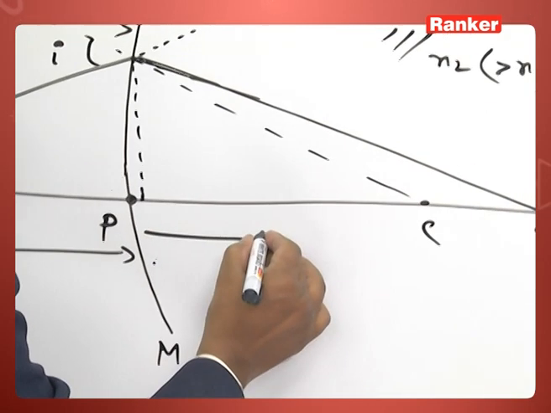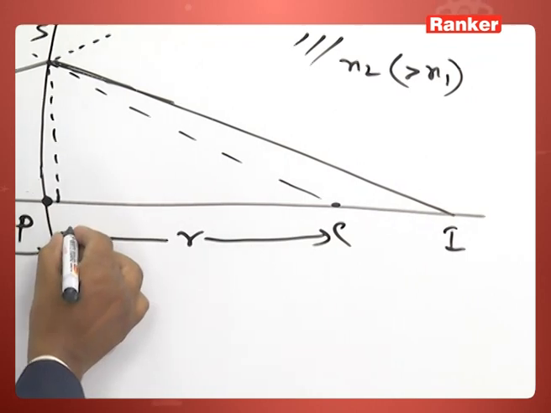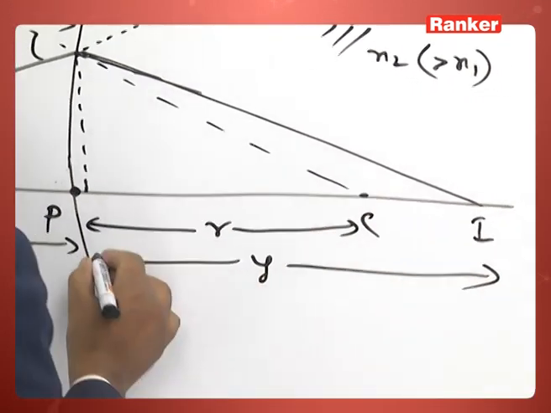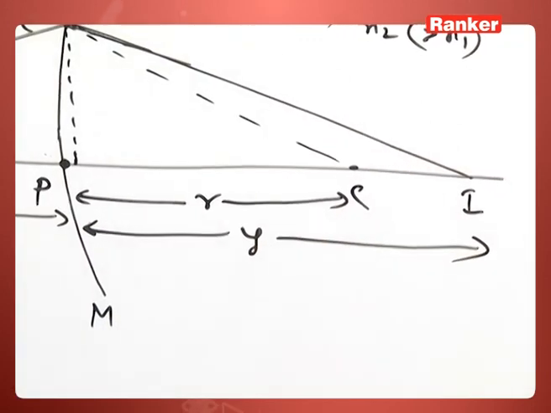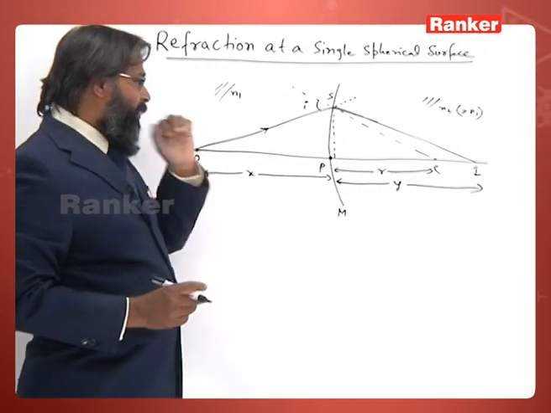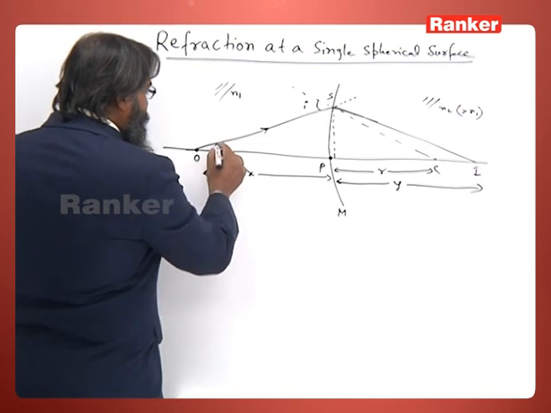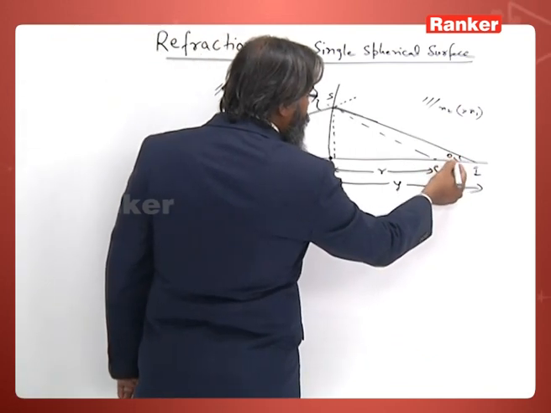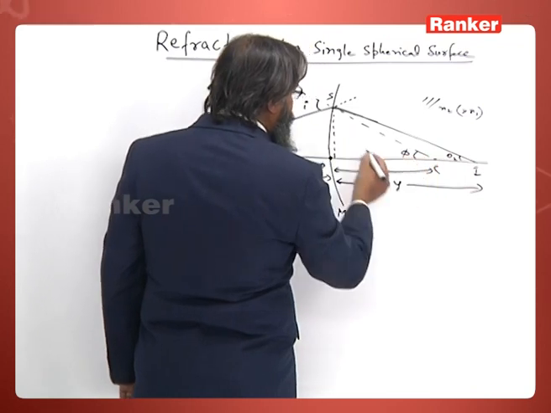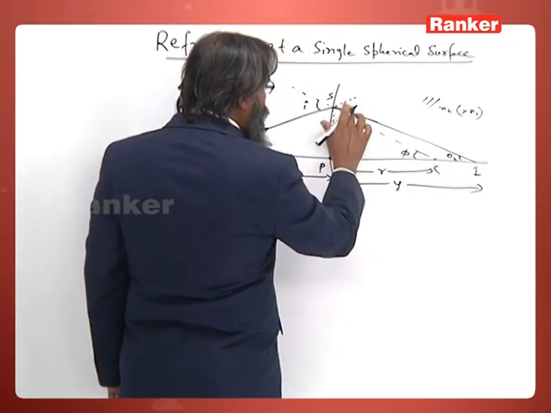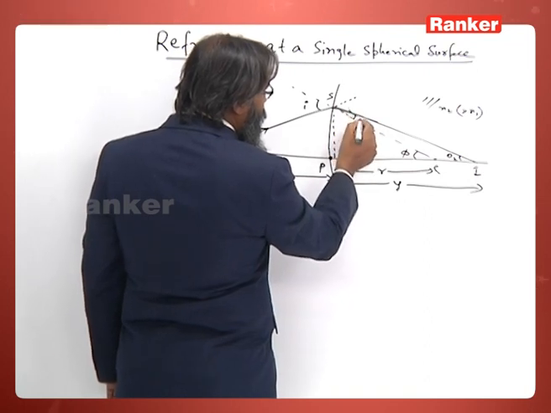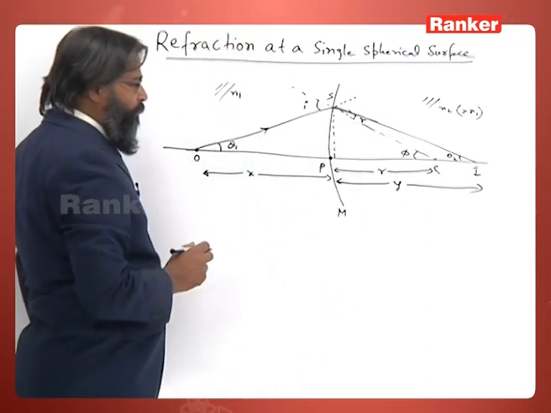Now, this distance is R, and let us assume that the distance from P to I is denoted by Y. Let us assume this angle to be theta 1, this angle to be theta 2, and this angle to be phi, and this is your angle of refraction R, the angle the refracted ray makes with the normal.